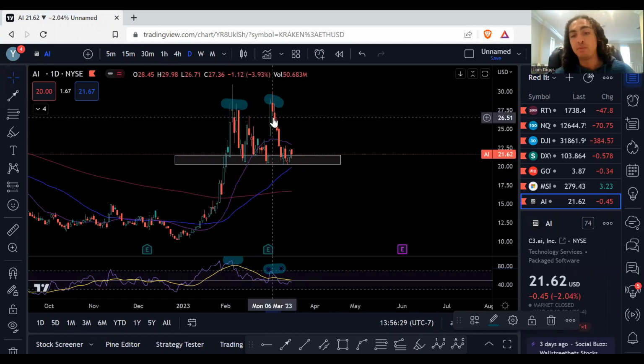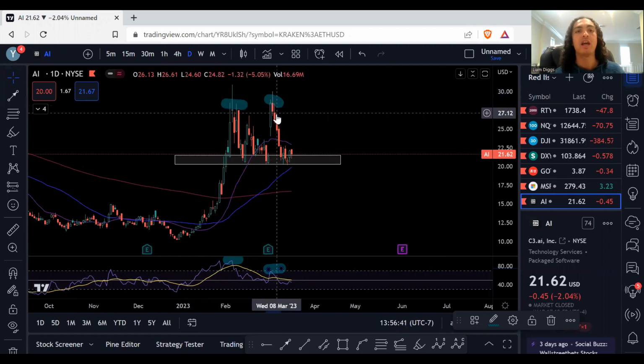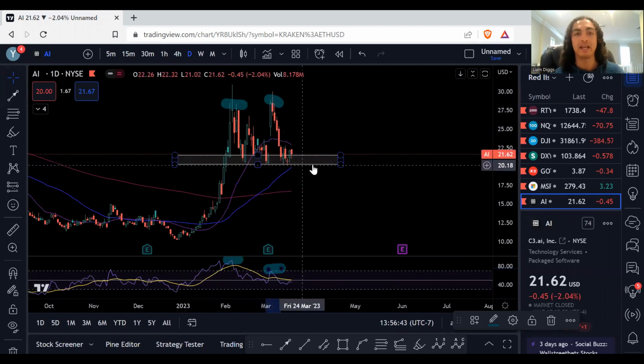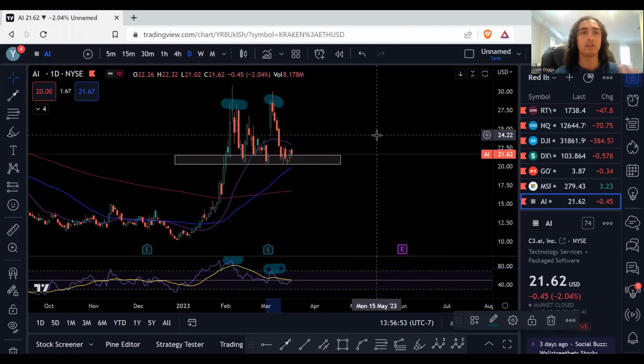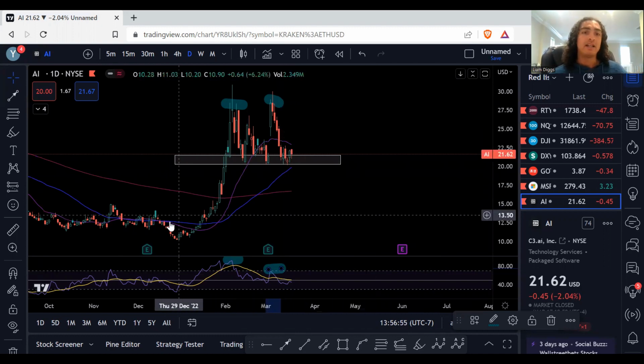Frankly speaking, if I had been paying attention and noticed this on March 6th when it actually occurred, I would have taken a short right there on the spot. This would have been an absolutely phenomenal position. But you can see that we have continued moving lower since then until we reached our support level. Haven't really bounced off of it with any gusto, and have been going sideways for pretty much all of last week.